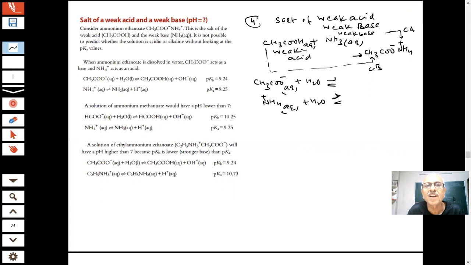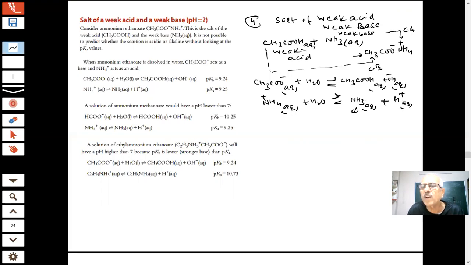What does it form here? CH3COOH plus OH minus. Okay? This is giving some OH minus. What does this one give? It gives you NH3 aqueous plus H plus.